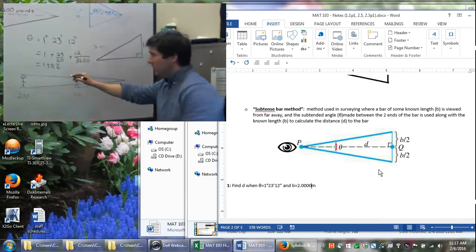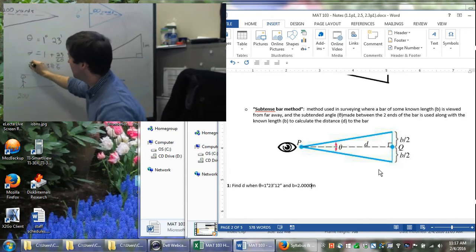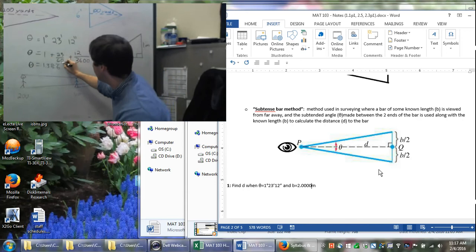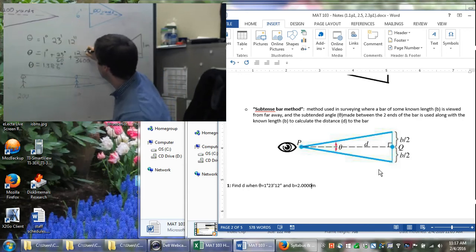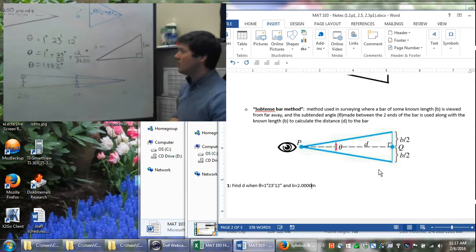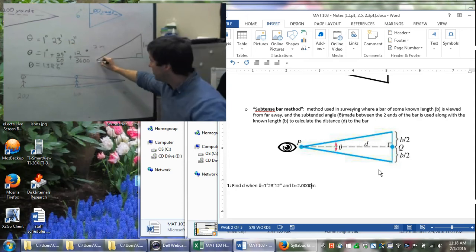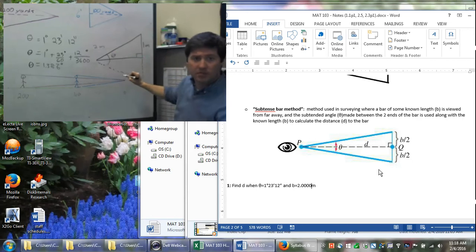But with careful use of the calculator, you can do this all at once. So I'm going to do 1 plus open parentheses. I wish I still had my calculator emulator. 1 plus open parentheses 23 divided by 60. Right? And then I need to close my parentheses. And then I do the same thing.